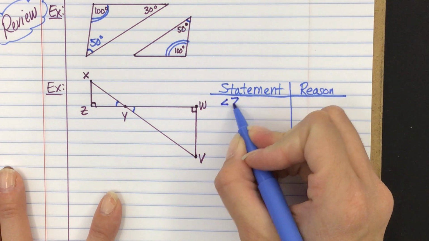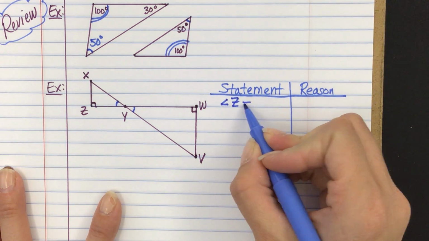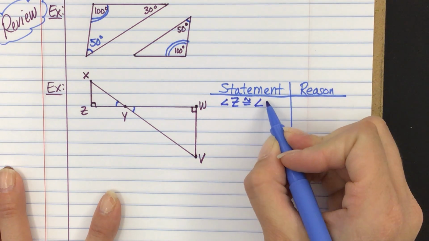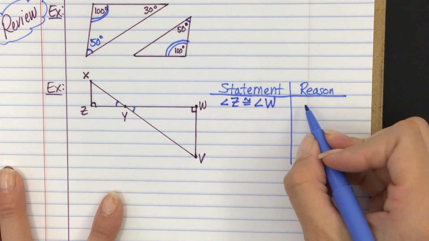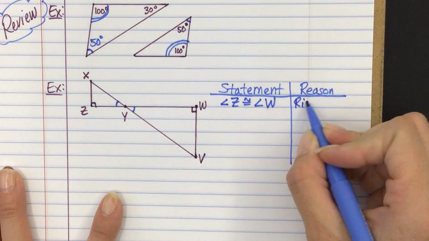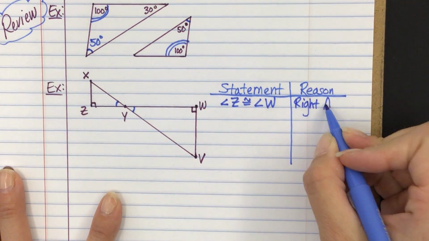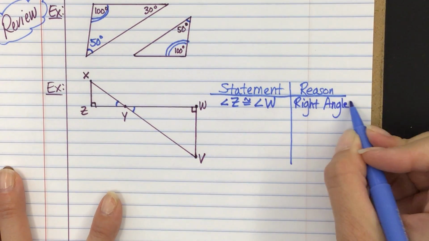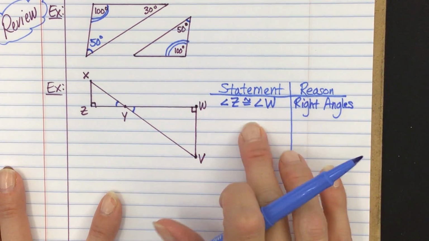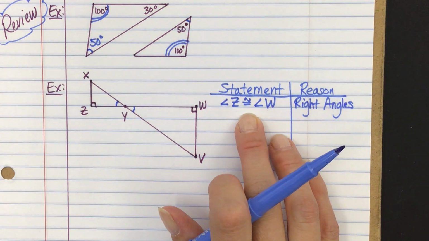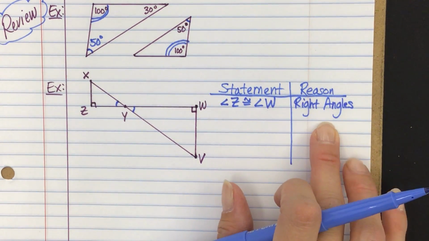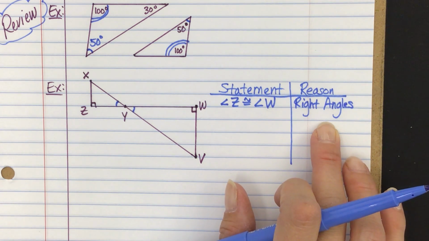So we can say angle Z is congruent to angle W because they're both right angles. So whatever your reasoning for saying that those two angles are congruent is what your reason is here in the chart, okay?